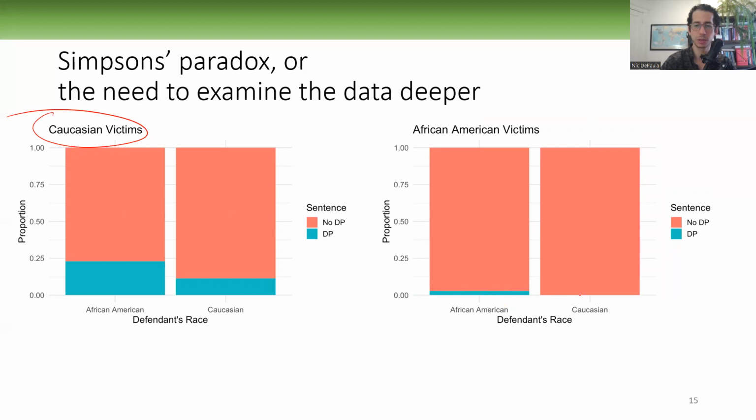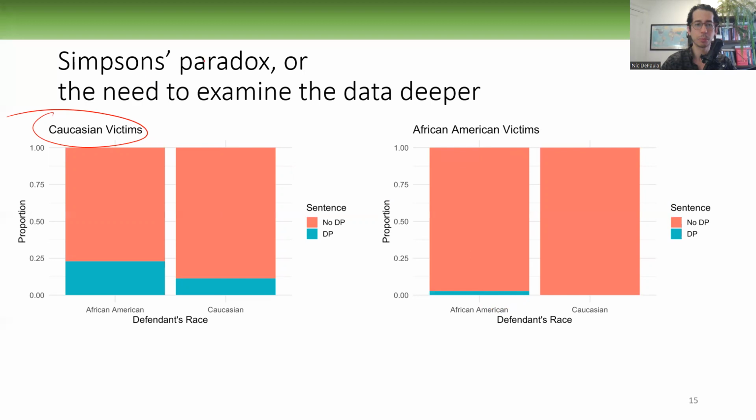Caucasians seem to get no death penalty when the victims are African Americans, but when the victims are African American, African Americans, when they are the aggressors, do receive the death penalty, maybe 10% or so. So in both cases, for both victims, we see that the rate of death penalty is much higher for African Americans.